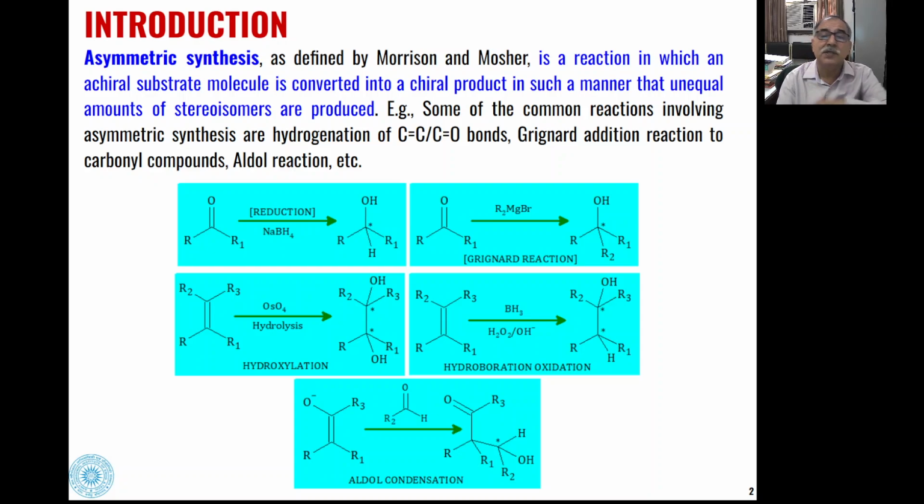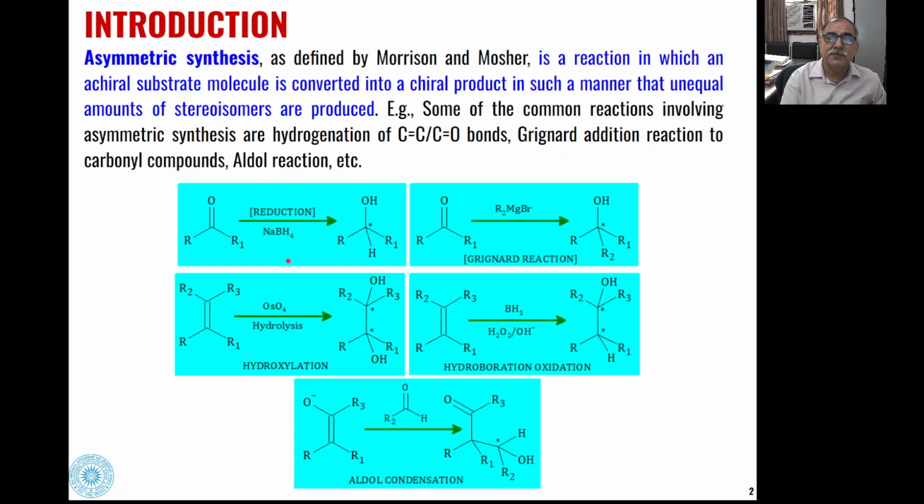So asymmetric synthesis will be that when unequal amounts of stereoisomers are produced and the product formed is a chiral product from an achiral substrate, then such a reaction is known as an asymmetric reaction, and such synthesis is called asymmetric synthesis.